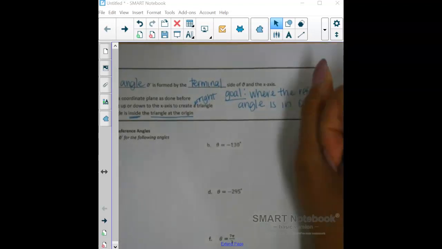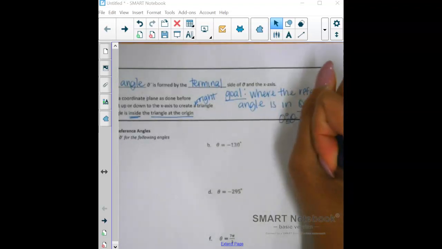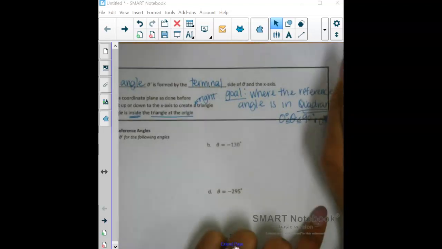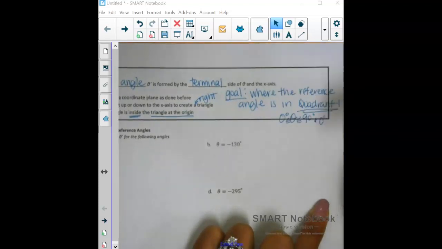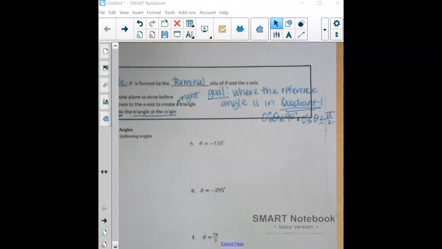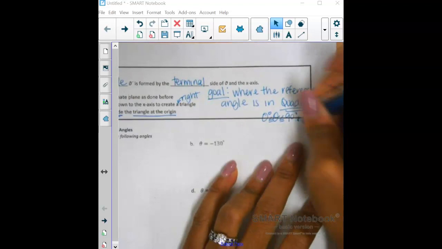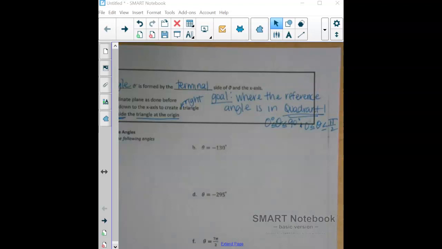And remember, quadrant 1 is between 0 and theta, which is less than 90 degrees. And it's the same thing as 0 radians, so 0 is less than or equal to theta, which is less than or equal to pi over 2. I just want you to see what it looks like in radians and in degrees. That's what quadrant 1 is: between 0 and 90 degrees, and between 0 and pi over 2. That'll help us in a bit.